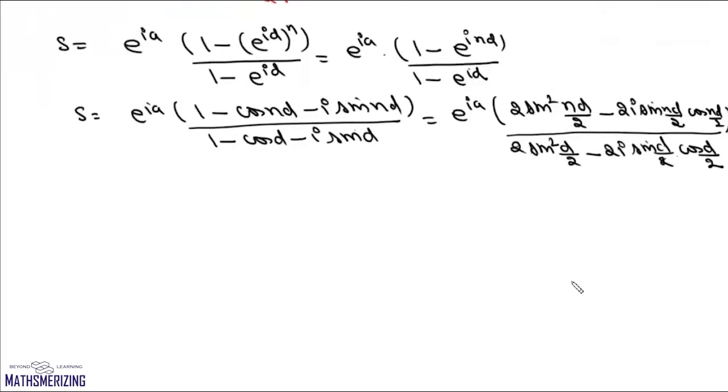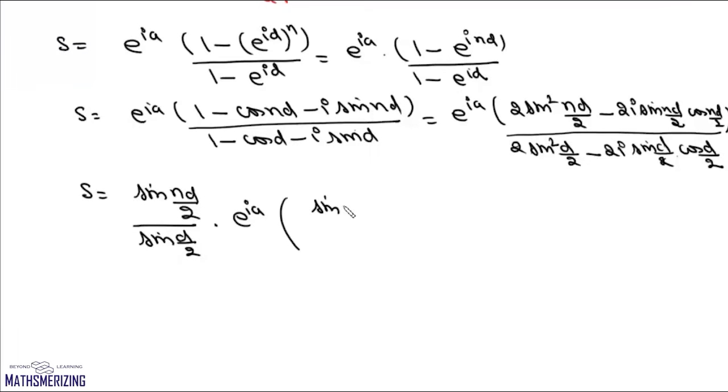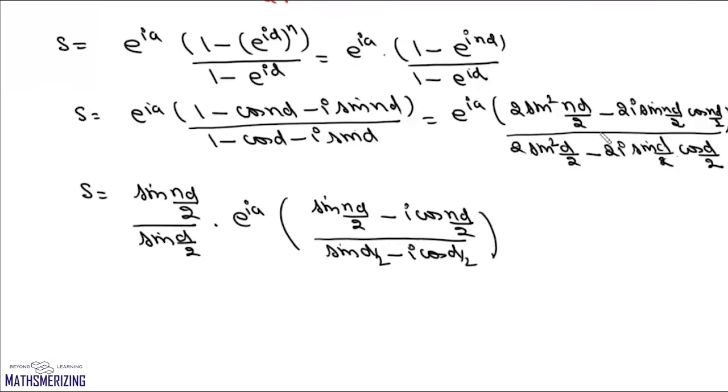We can write this sum as sine n d by 2 upon sine d by 2 into e to the power iota a, and here we'll get sine n d by 2 minus iota cos n d by 2 upon sine d by 2 minus iota cos d by 2. We have already cancelled this 2 with 2.